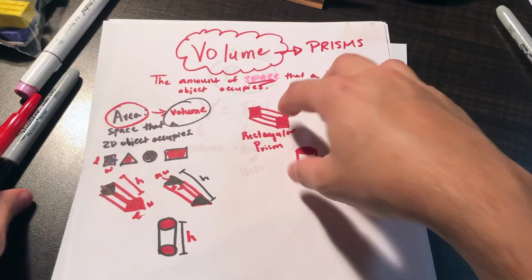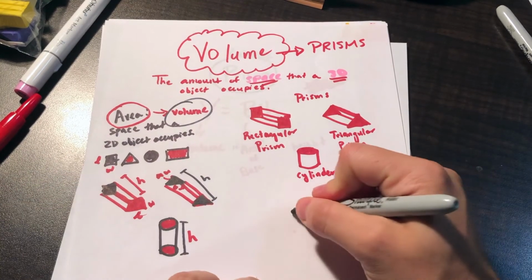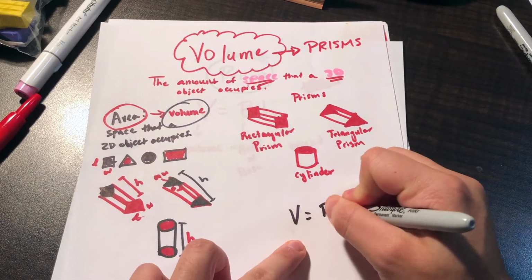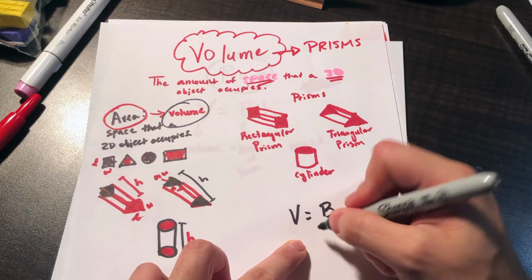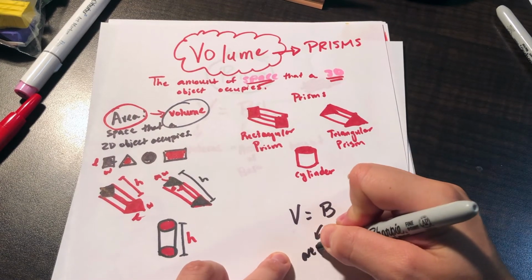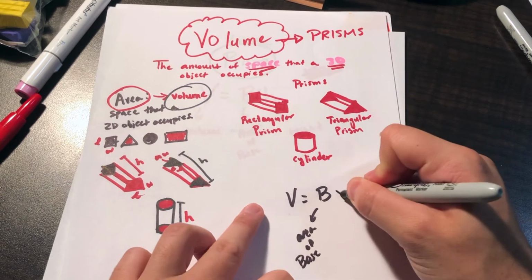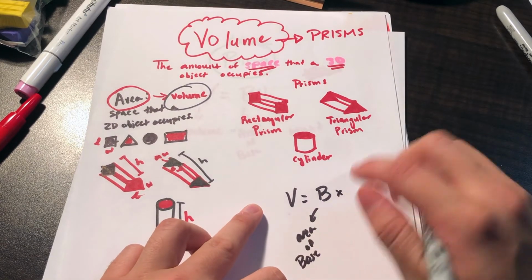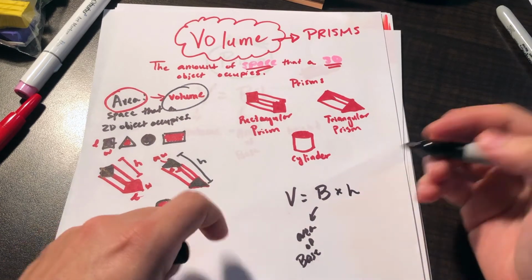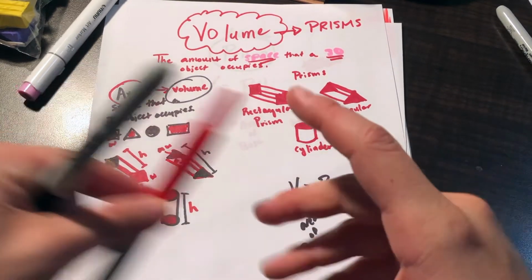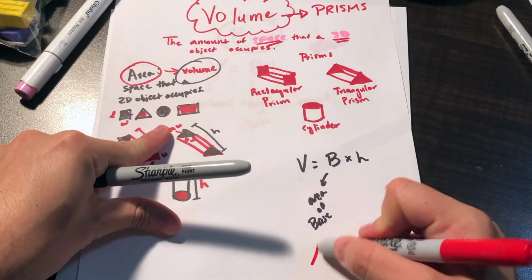And to find the volume, remember, is very simple. You just need to know the area of the base. I'll put that one more time. Area of base, and you're gonna multiply the area of the base times the height. Remember, we completely forgot about this formula.